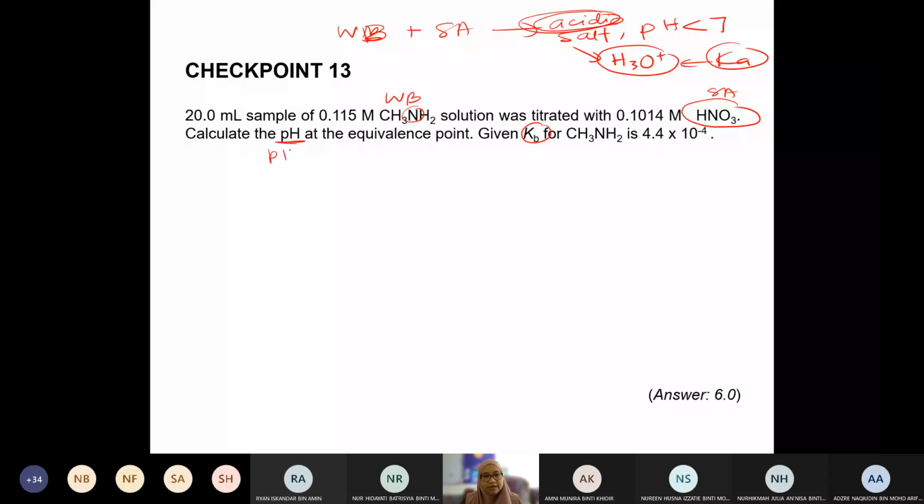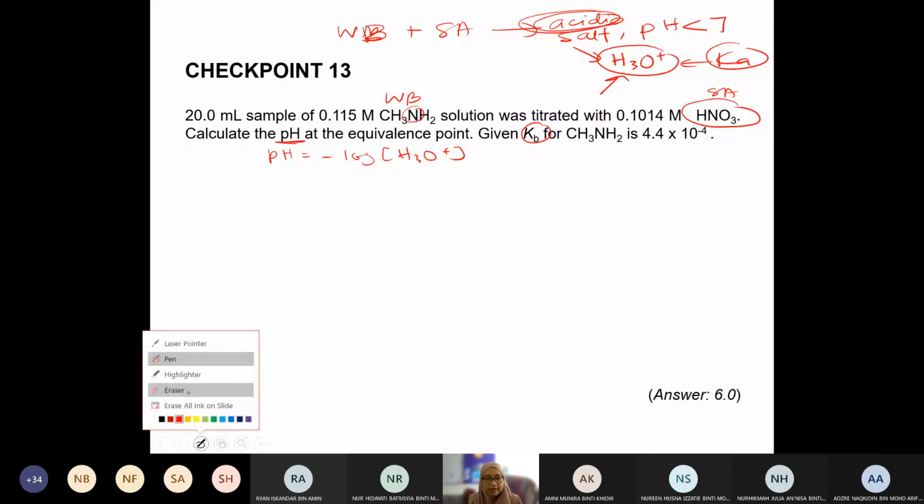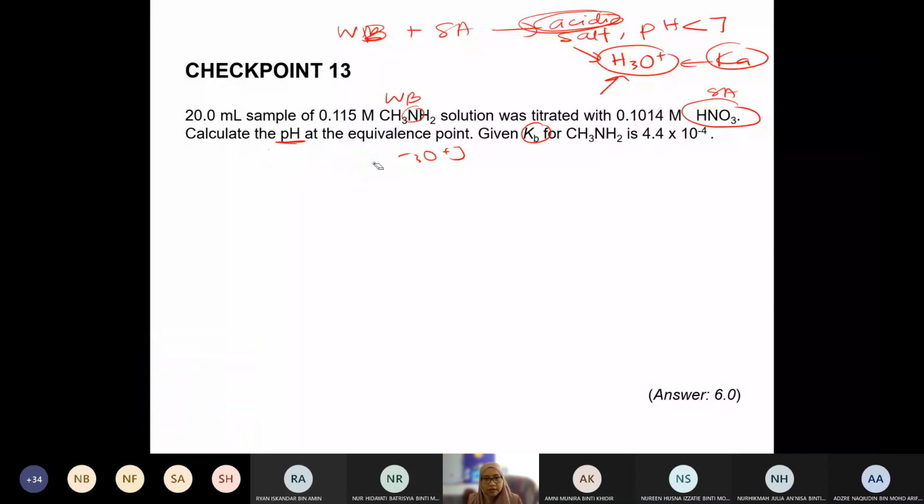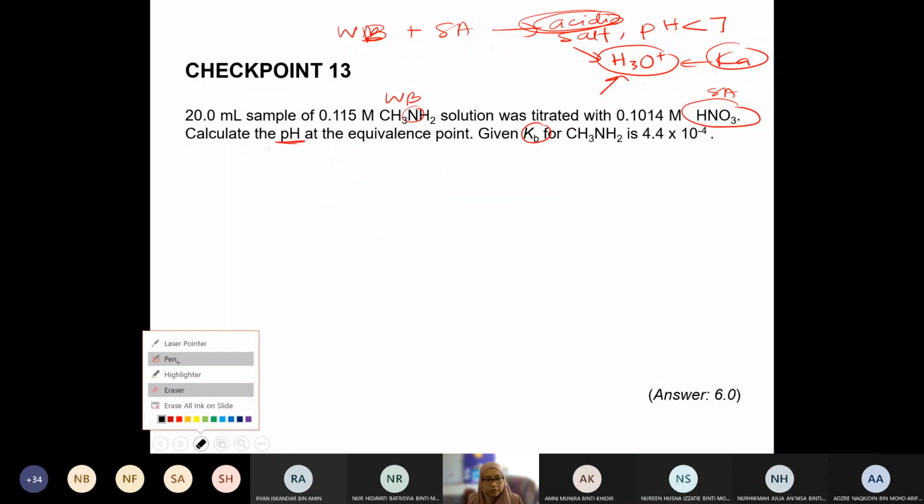So pH is equal to negative log H3O+. Once you have determined the H3O+, you can simply insert into the formula. So that's the plan. So let's have a blank slide here.